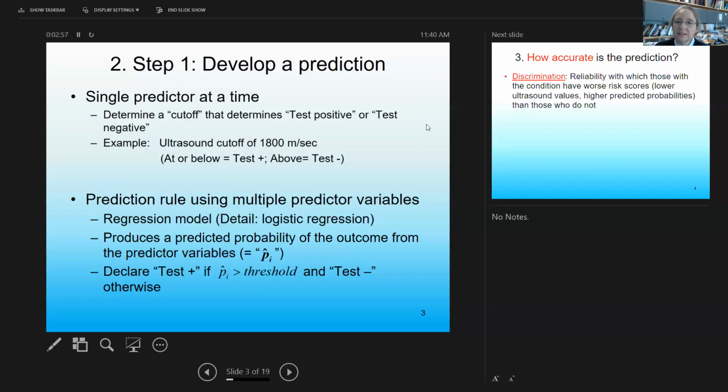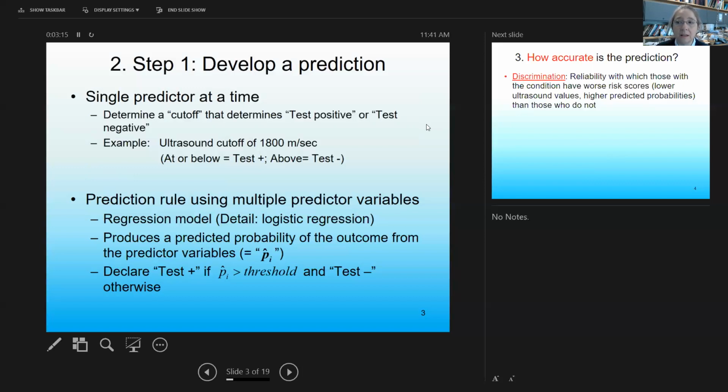And so you can see an example, just arbitrarily, we might establish a cutoff of 1,800 meters per second of ultrasound speed.